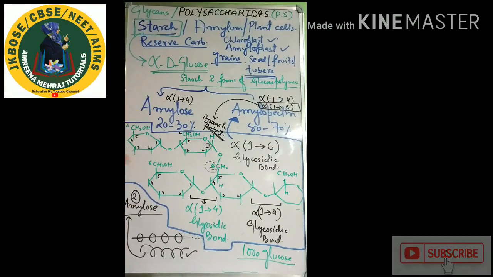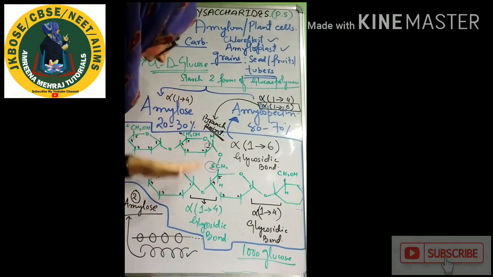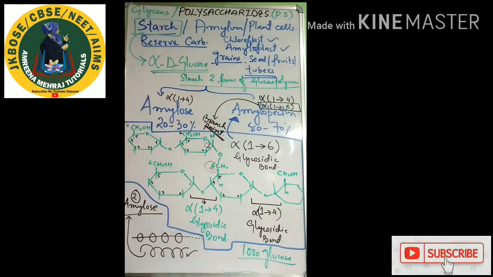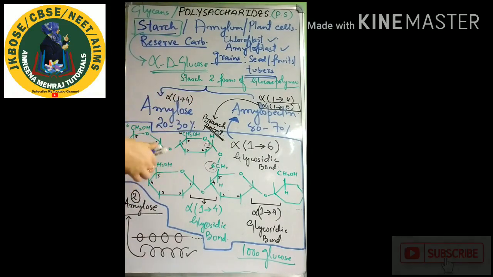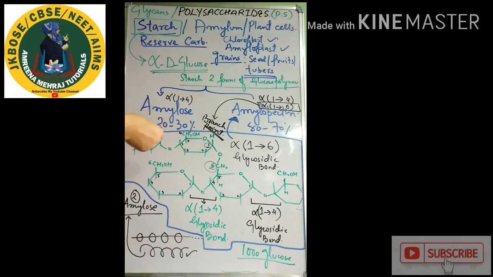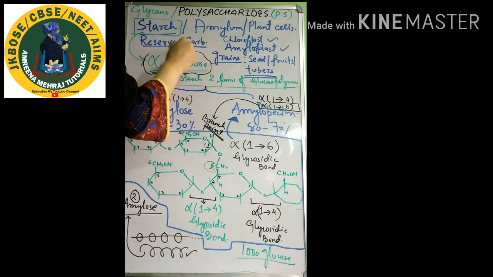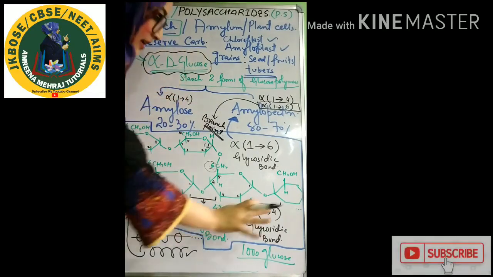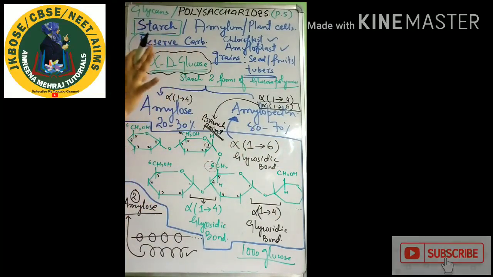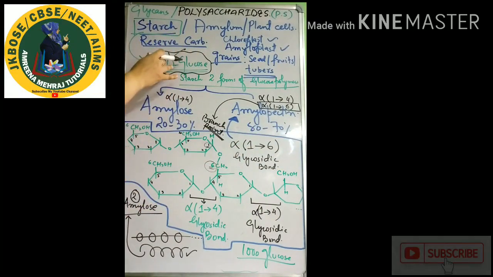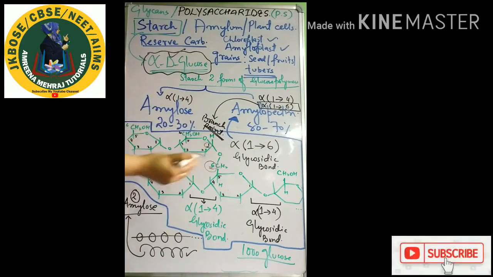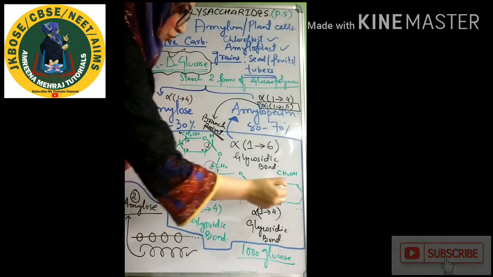Exactly. So this is entirely now pure starch. So starch is made up of what? Let's analyze. It's made up of alpha D glucose. Okay. Do you find alpha D glucose? Everywhere it is alpha D glucose. Clear? Starch is a polymer of alpha D glucose. Yes. See, 1, 2, 3.